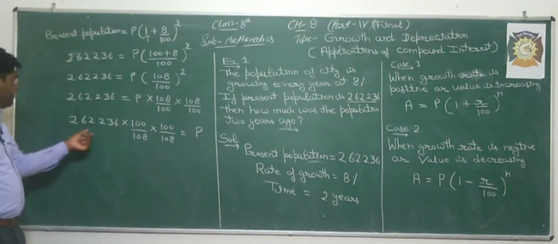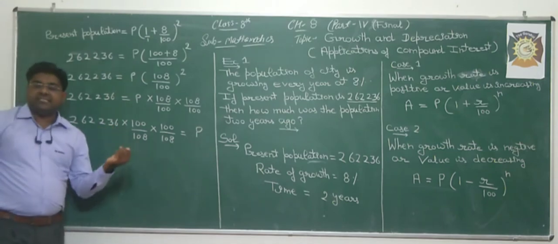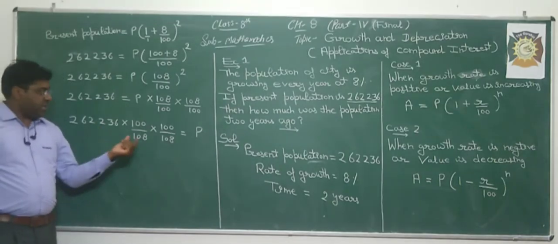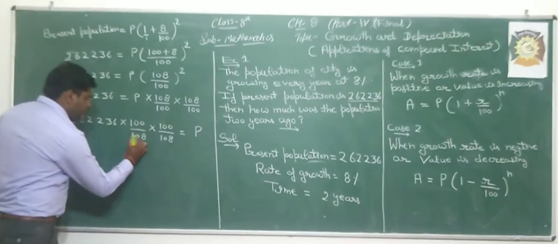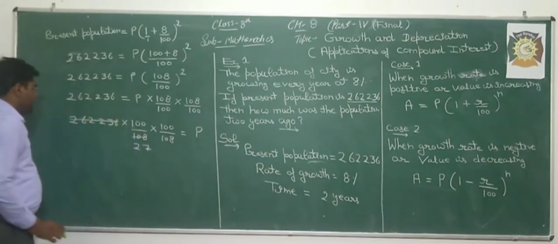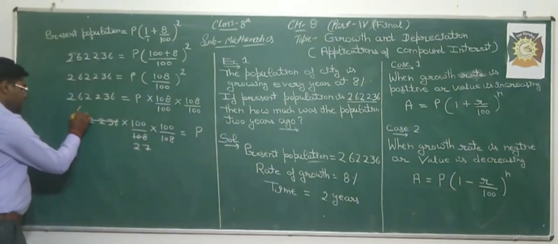Now how can we simplify? Because the last 2 digits are 36, this number is divisible by 4, and this number also, so divide it. This is 27, and this one here, divide it, then it is 6.